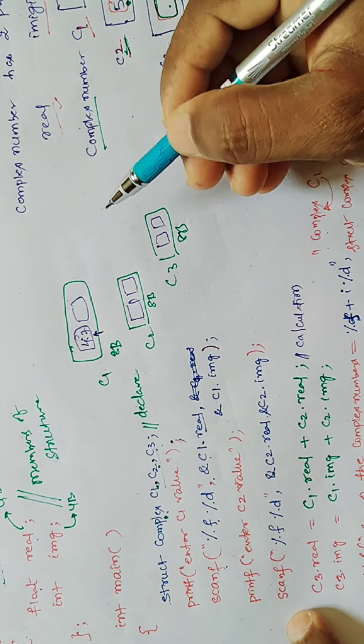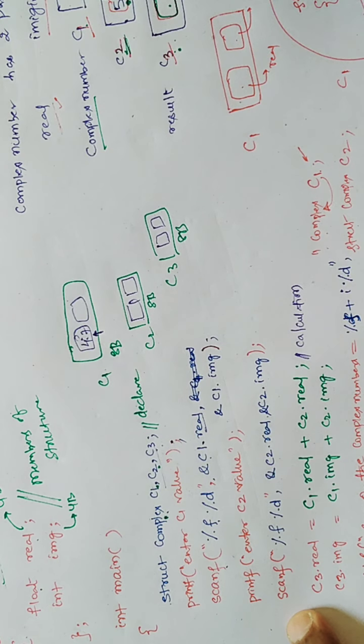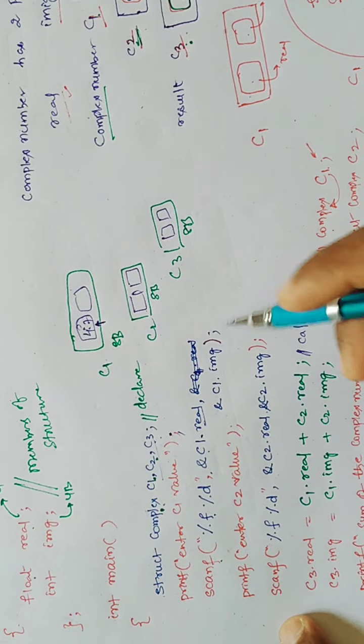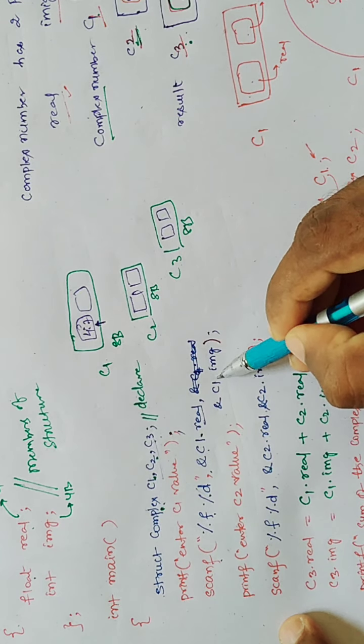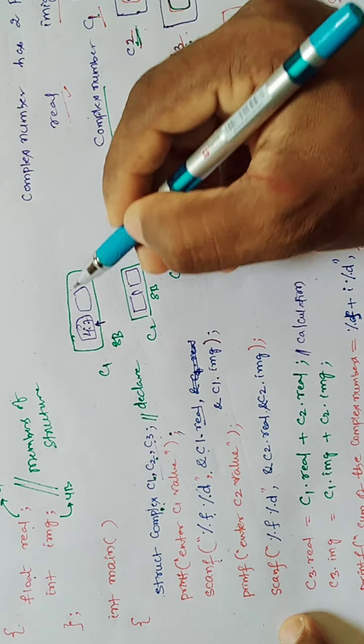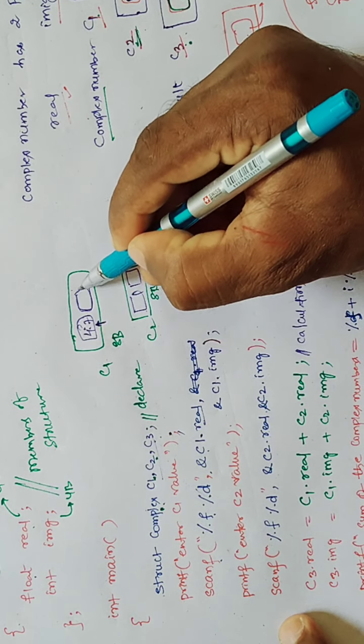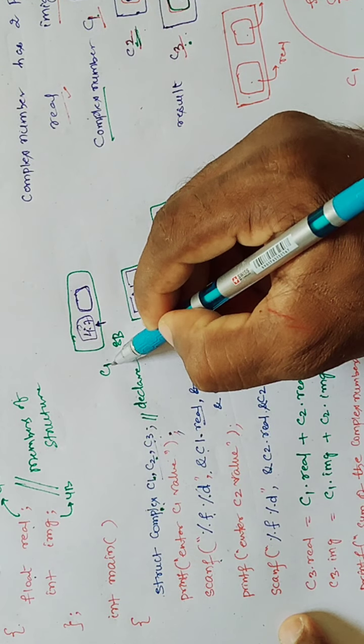Same way, if I want to provide 7, that is of integer type. Therefore %d comma ampersand C1 dot imaginary. This is the imaginary part of C1's value.